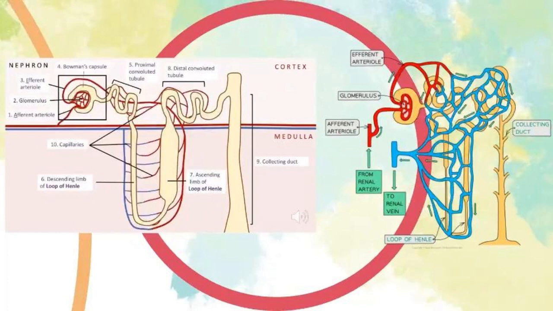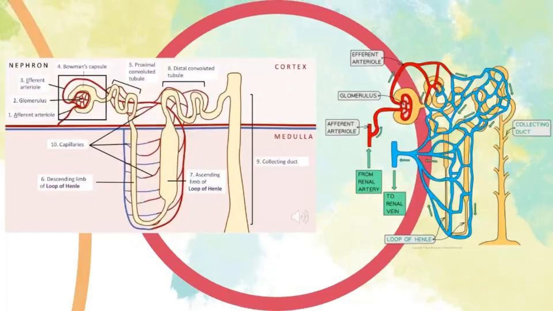We have the blood flow, as you can see by the red and blue lines, but in between we have this series of tubes, and this is where the urine is going to be collected, but there's going to be lots of exchange between the blood flow and this tubing, which is ultimately going to lead to the bladder and where the urine's collected. There's going to be some basic filtration, some osmotic pressure, and we're going to talk through each of those steps one at a time. But let's just go through the structure to start with.